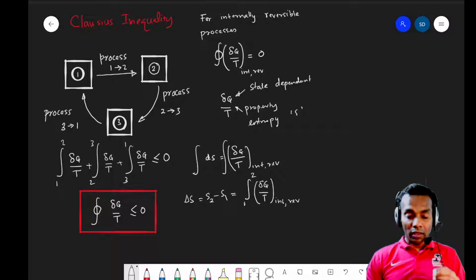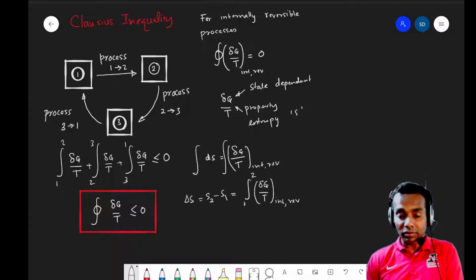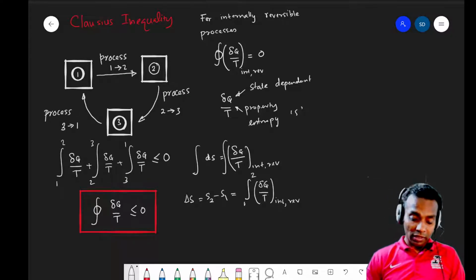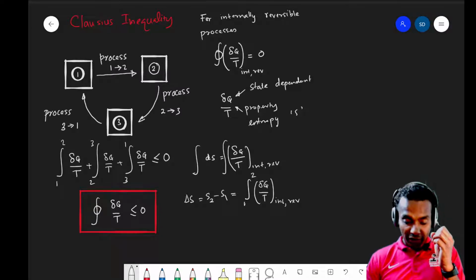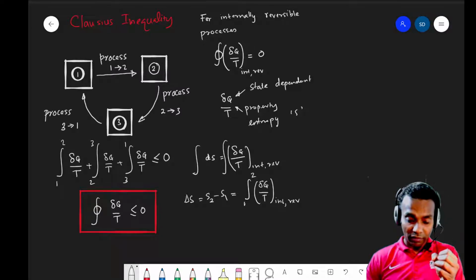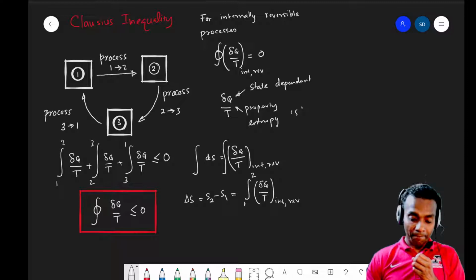Well, you can say that if you know T as a function of Q, we would be able to find this S2 minus S1 for an internally reversible process. But it's not always easy.